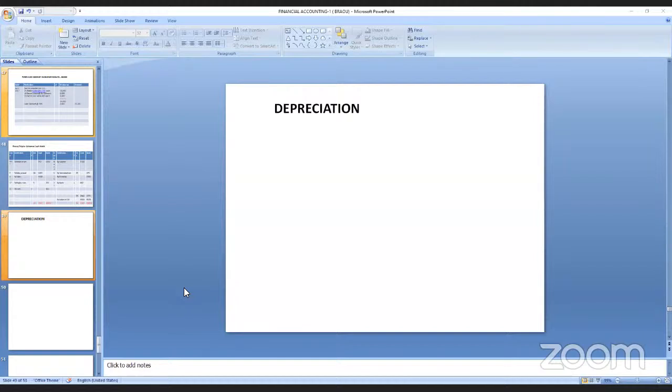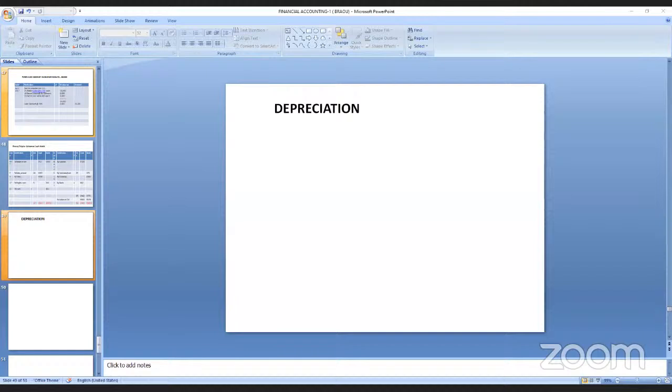So here, see in the page number, that is the first illustration. Mrs. Uma Nath and the company purchased a cold storage plant on January 1st, 2014 for rupees 10,500 and spent 500 on its erection.